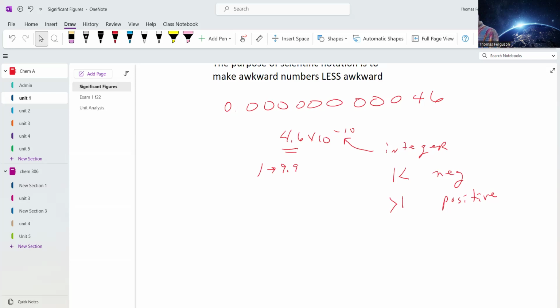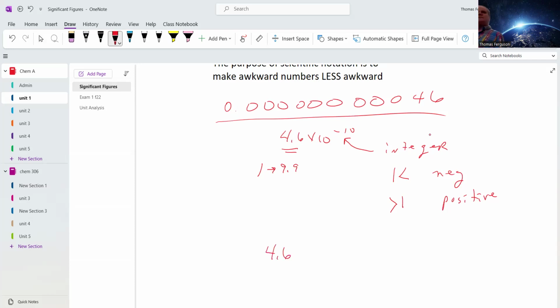Okay, all right. So let's convert that to scientific notation. Number 1, it is less than 1, right? So that means we're going to have a negative exponent. So we need to get the 0.00046 to 4.6.